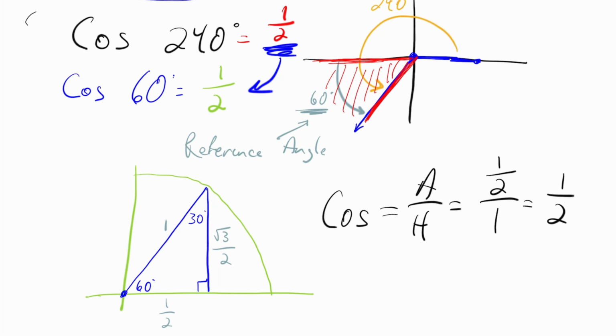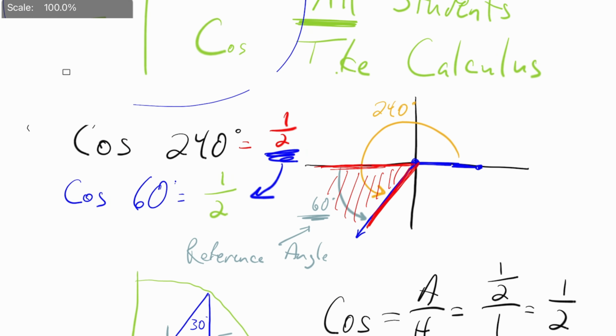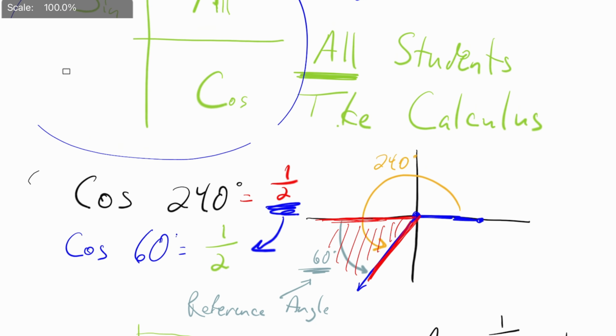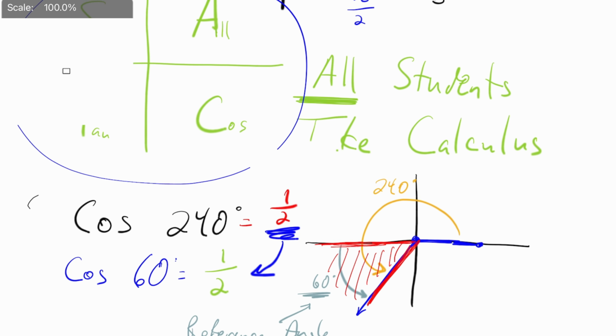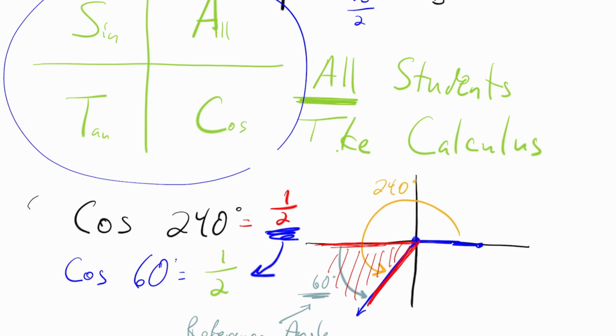Not bad, but there's one last thing we need to look at. What is it? We have to look at our all students take calculus, right? What quadrant are we in when we look right here? We're in the tangent quadrant. We're in the third quadrant, where only what is positive?